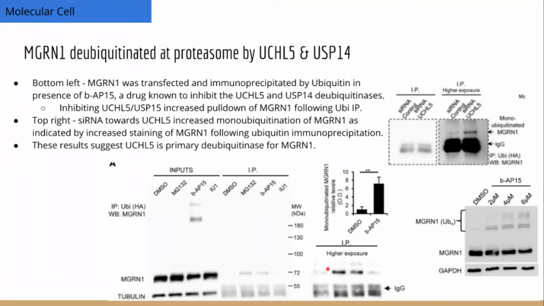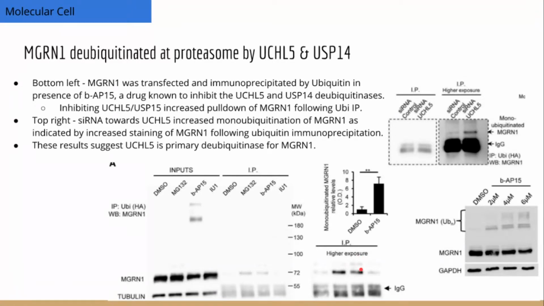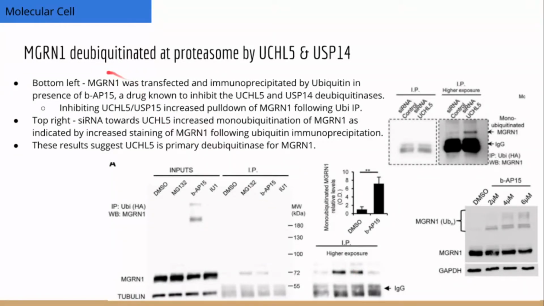And then MG132 treatment with the proteasome inhibitor causes vastly increased amounts of ubiquitinated MGRN1 that's been confirmed previously. And then an inhibitor of the deubiquitinases, UCHL5 and USP14, caused increased ubiquitination as well, suggesting that MGRN1 is deubiquitinated by these two deubiquitinases, and that inhibiting them causes increased ubiquitination of MGRN1.